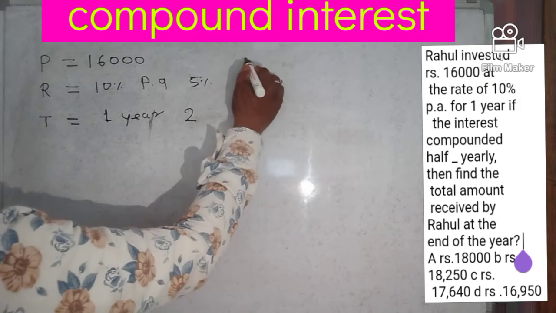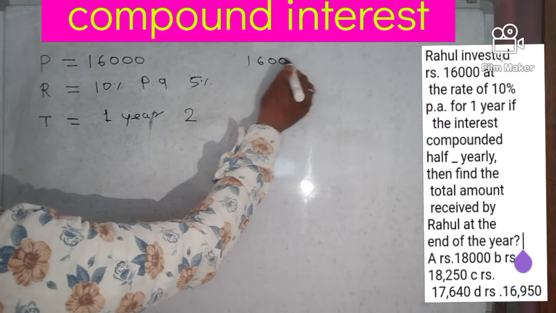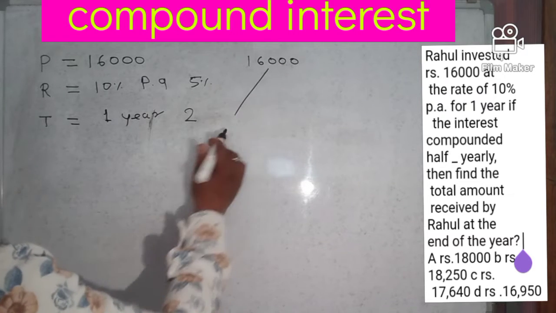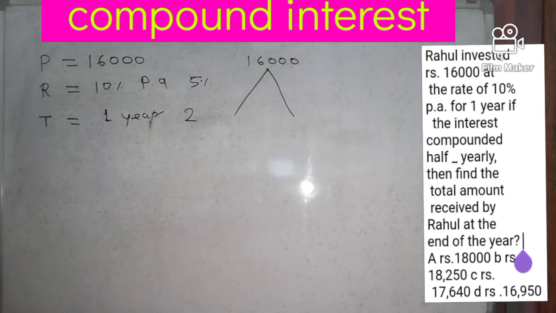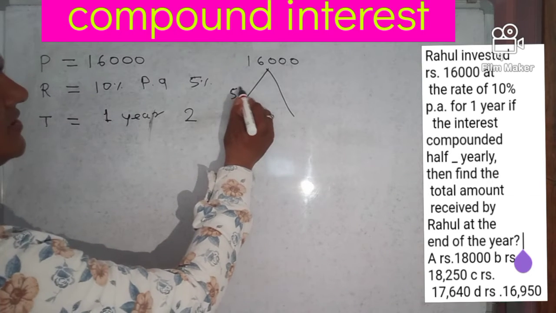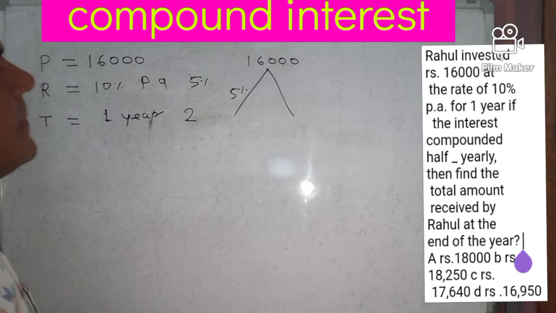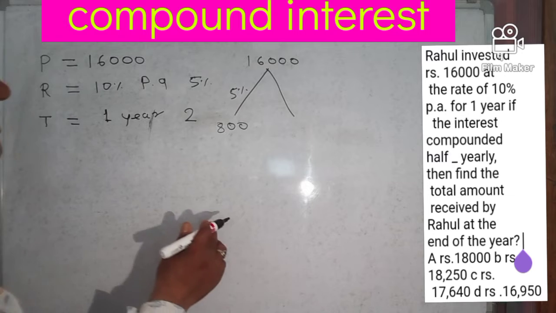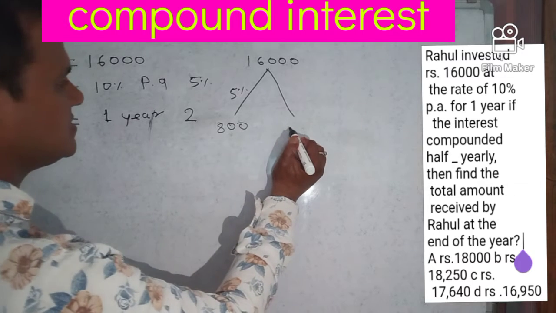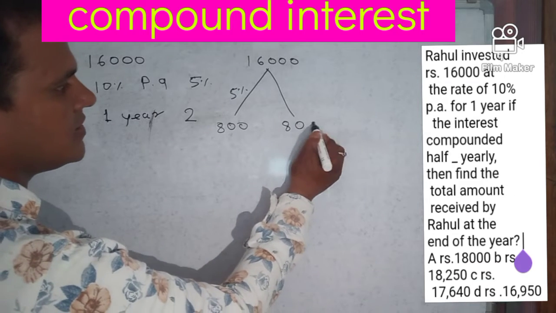Now 16,000: 1st 6 months and 2nd 6 months, so draw 2 lines at 5%, right? So at 5% it will be 800, and the second 6 months will also come 800.